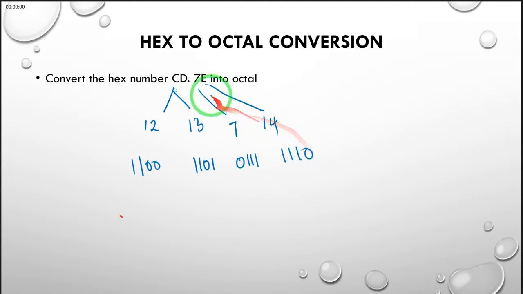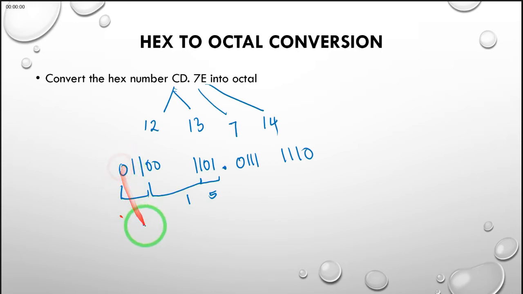So you know that we have a decimal point here, so we are going to be grouping the bits to the right and to the left into groups of 3. So here I have 101 represented by 5. 001 is 1, and 011, where you can have a 0 there, is equivalent to 3.